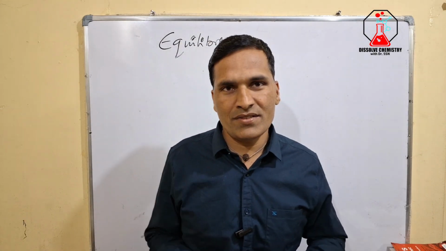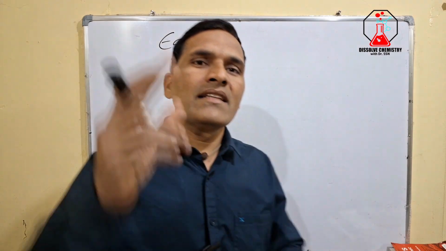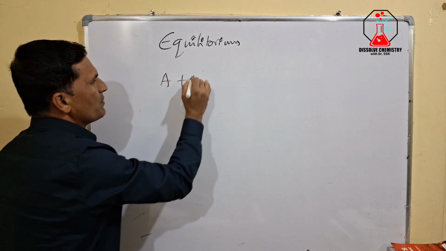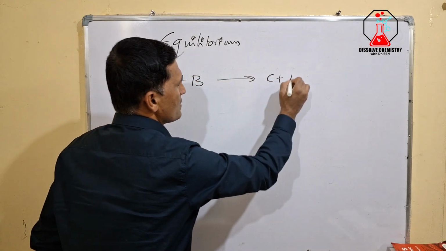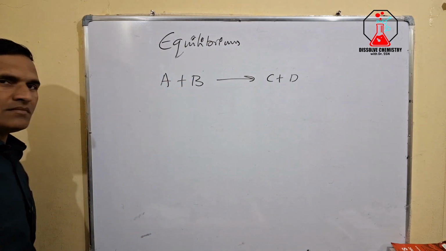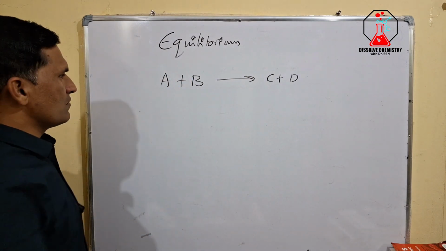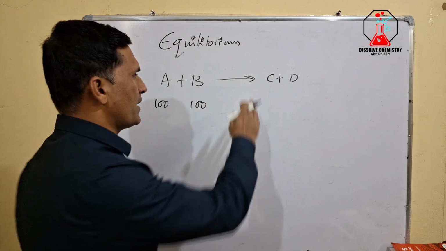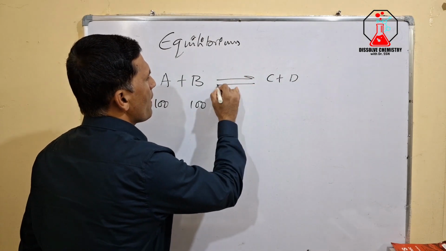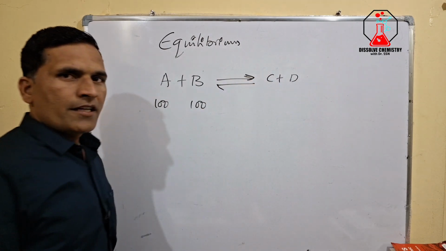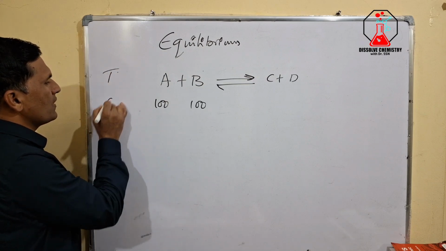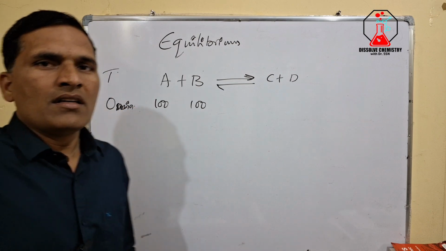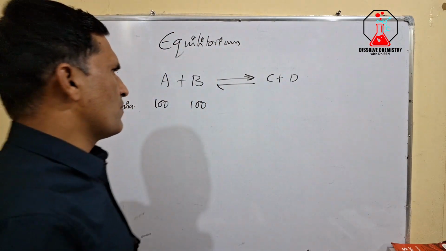Let us first understand what equilibrium means, then later we will define it. First take A plus B combining to form C plus D. For understanding purposes, we will take 100 molecules of A and 100 molecules of B. Initially the time t is 0 minute. We will take it in minutes, no problem.